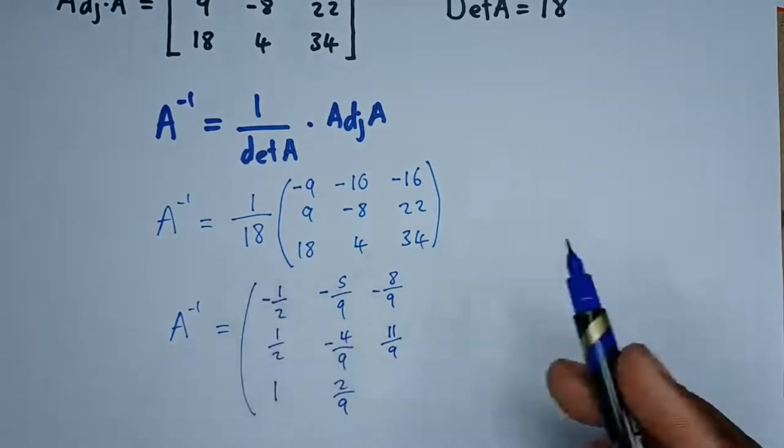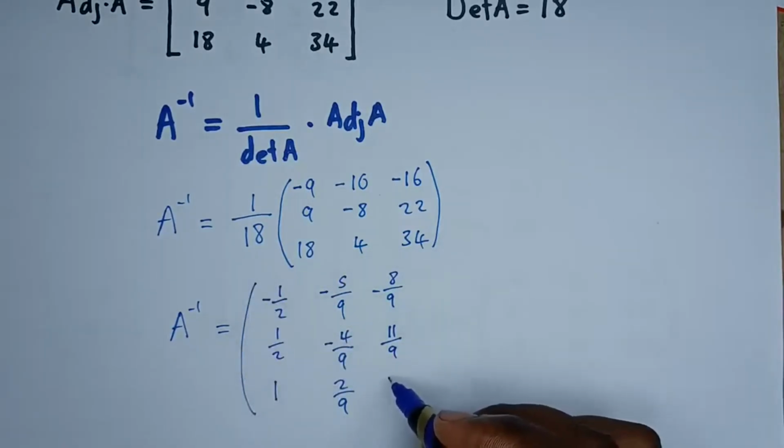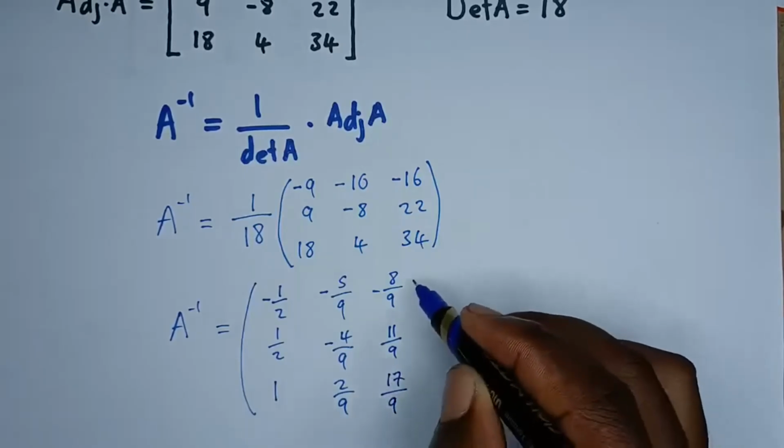Then 34 over 18 can also be reduced to 17 over 9, like that.